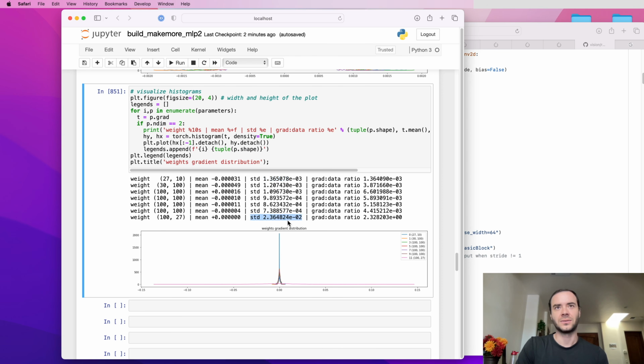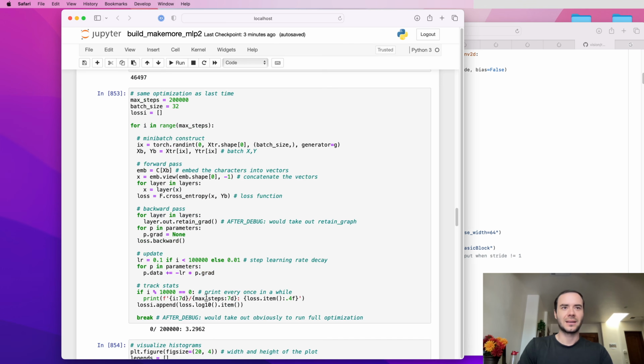And so the gradients on the last layer are currently about 10 times greater than all the other weights inside the neural net. And so that's problematic because in the simple stochastic gradient descent setup, you would be training this last layer about 10 times faster than you would be training the other layers at initialization.